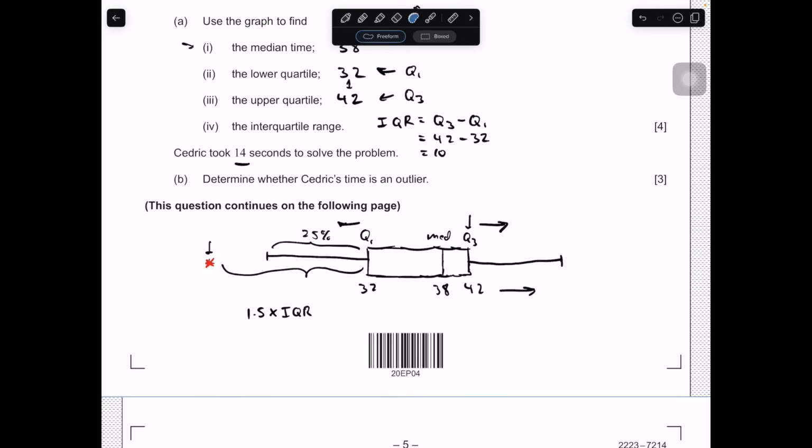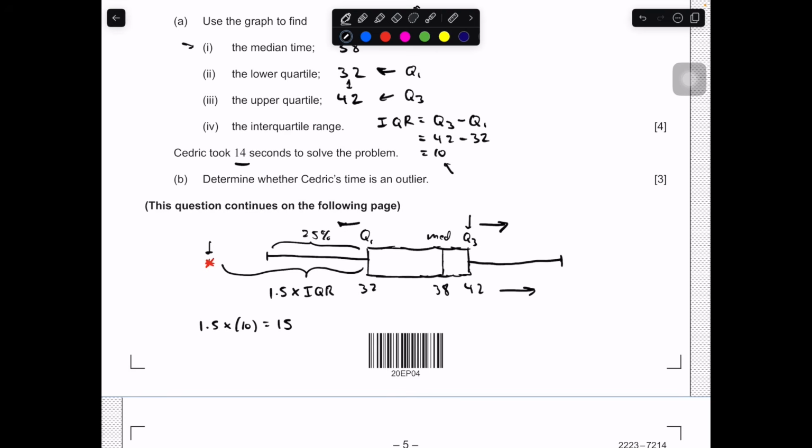So here we go. 1.5 times the IQR below, in this case, Q1 of 32. 1.5 times IQR of 10 is equal to 15.